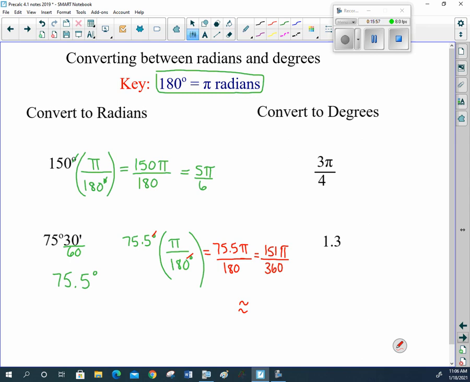But if we wanted an approximate, we could say 151 times pi, and I usually just hit the pi button on the calculator, and then divide that by 360, and you'll get about 1.3177 radians. Okay? And if we don't put any units behind it, then we understand it to be radians. If you put a degree symbol, you don't write the word radians.